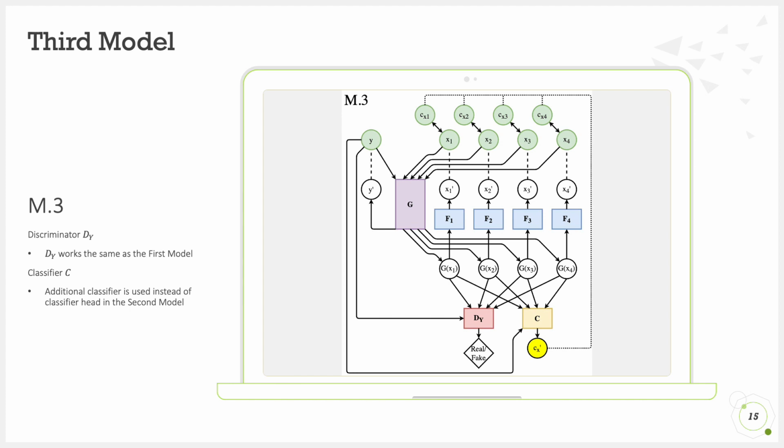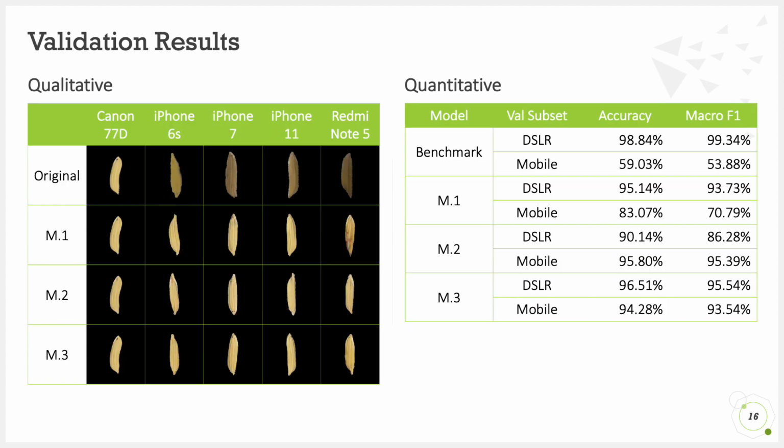So we decided to do more improvement by adding a classifier model into the first model, instead of the classifier head done in the second model. The third model's performance on the DSLR validation set is the best compared to the first and the second models.